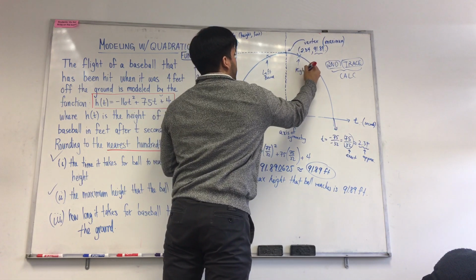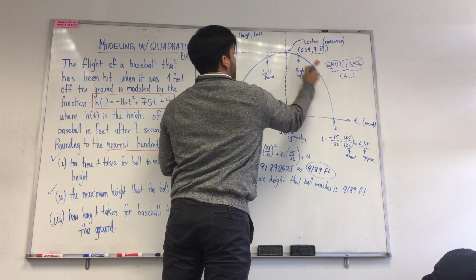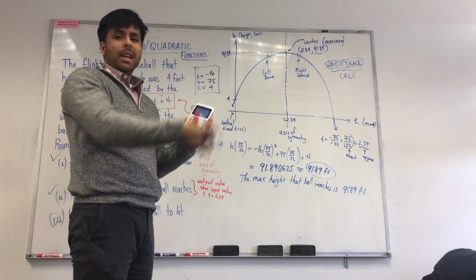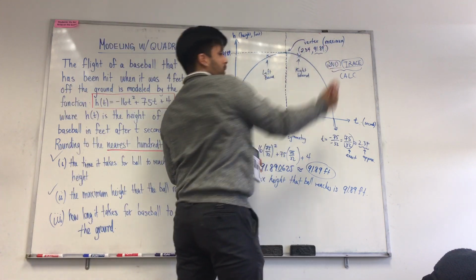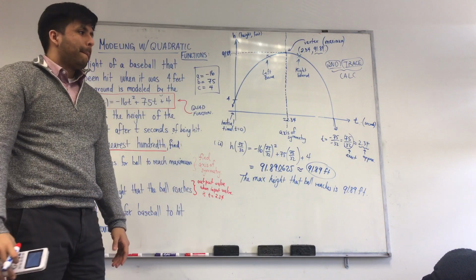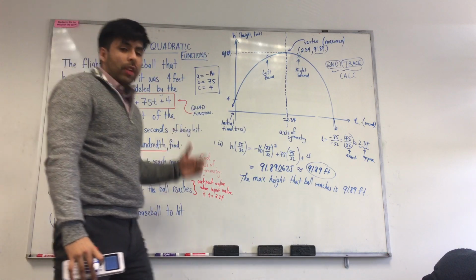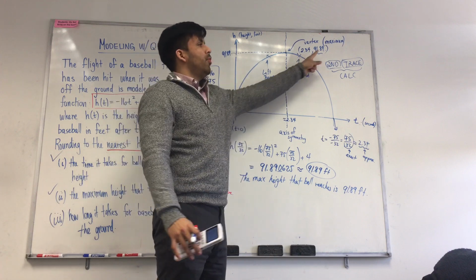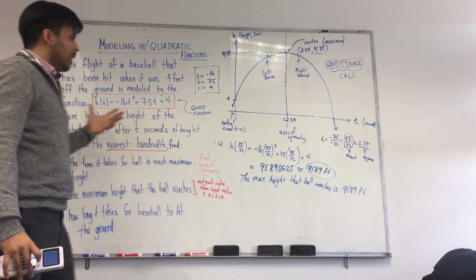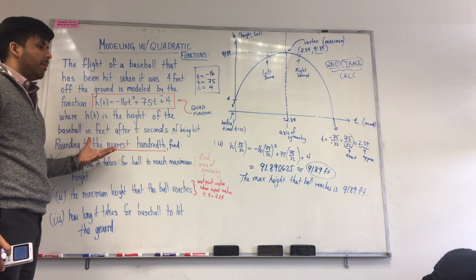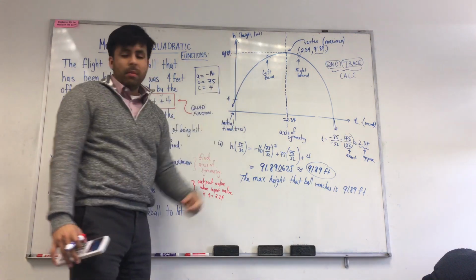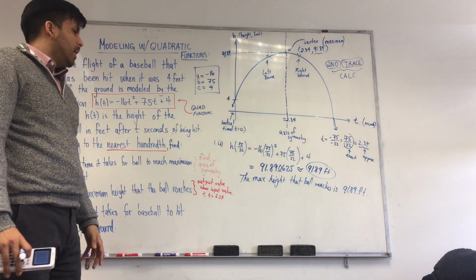You always want to move the cursor a little bit to the left of where your vertex is and a little bit to the right of where your vertex is. Make it guess for you, and you get the same numbers. You just have to know the significance of those numbers in the context of the problem. And if you know what those numbers represent, then this problem isn't much of an issue.